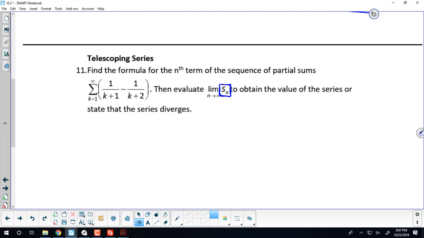So we're just going to write out the terms of this series in these pairs as they are explicitly given to us here. When k equals 1, our series is 1 over 1 plus 1 minus 1 over 1 plus 2. So that would be the first term of the series. Let's look at a couple more.